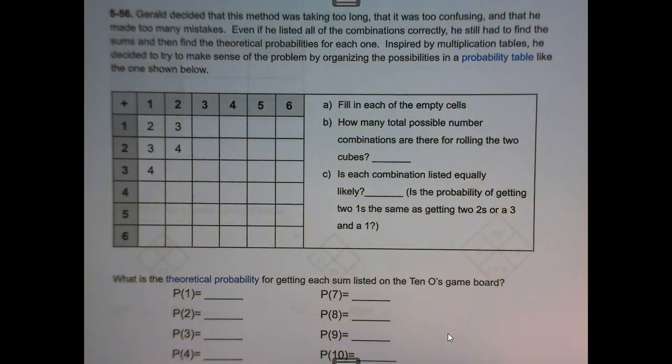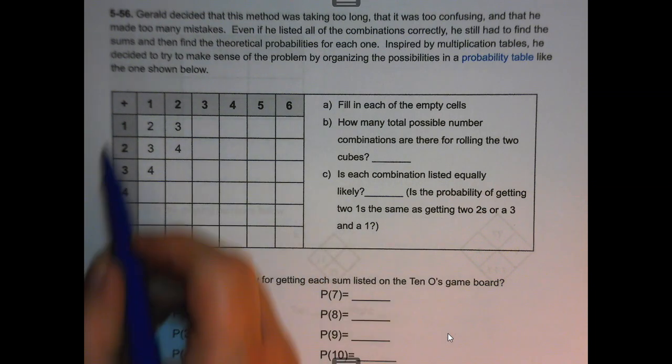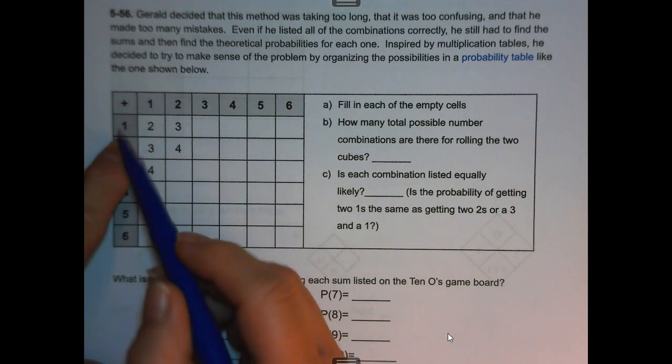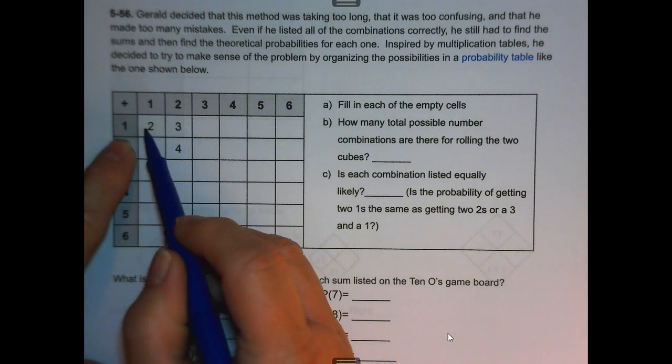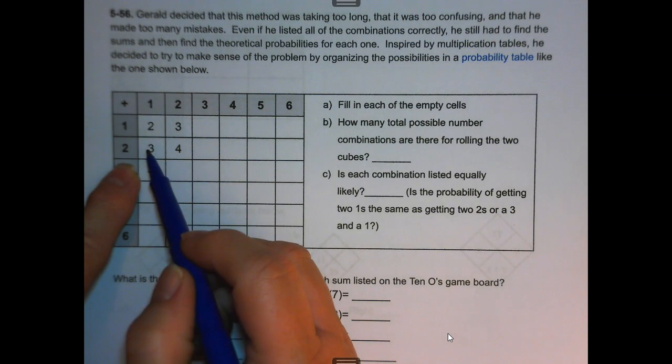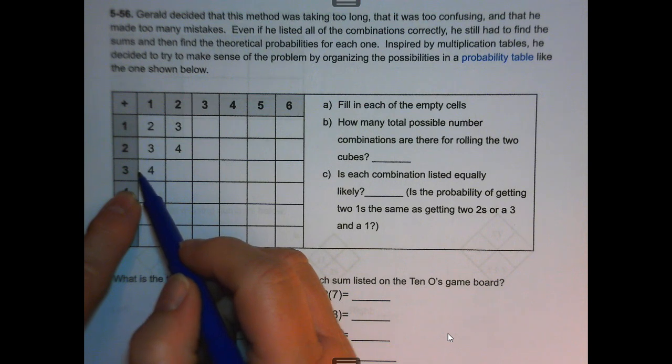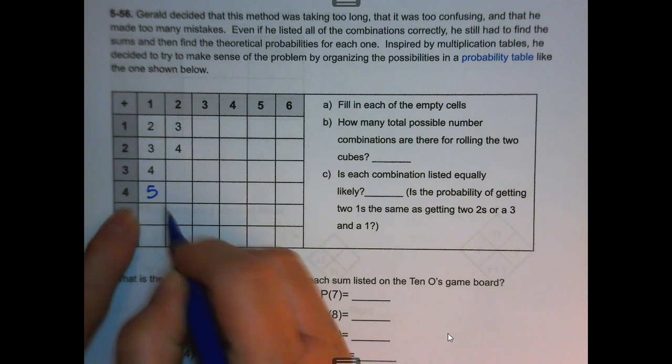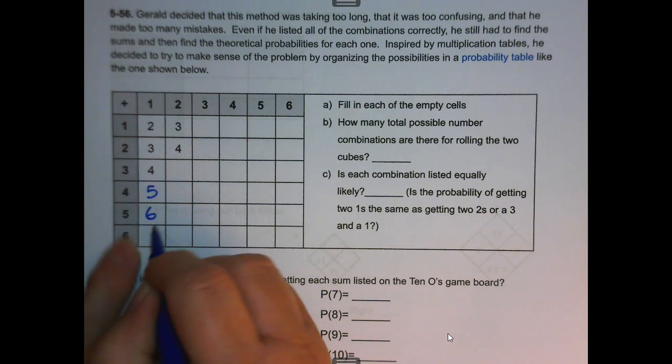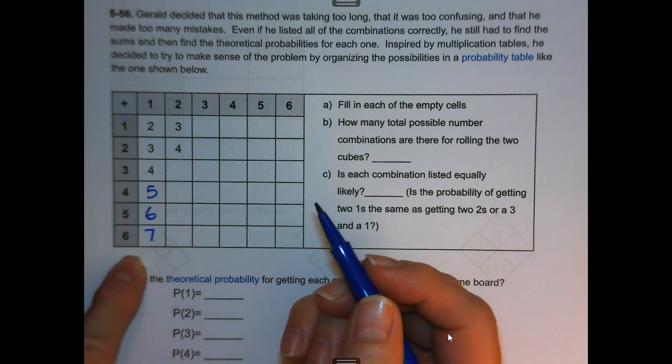This is a great way to organize information if it is in small enough data samples. The first thing it asks us to do is to fill in the empty cells, and it's an addition table. If you notice the pattern, 1 plus 1 equals 2, 2 plus 1 equals 3, 3 plus 1 equals 4, 4 plus 1 equals 5, 5 plus 1 equals 6, 6 plus 1 equals 7.